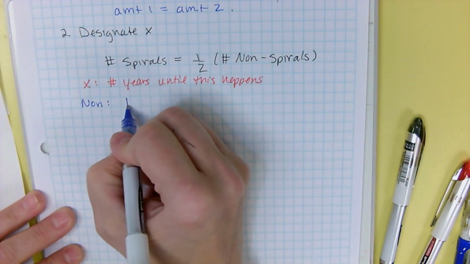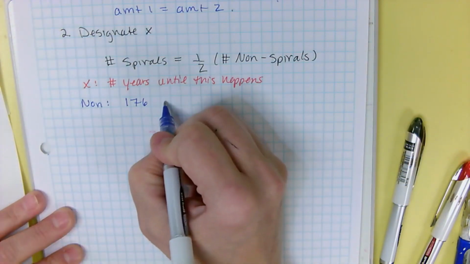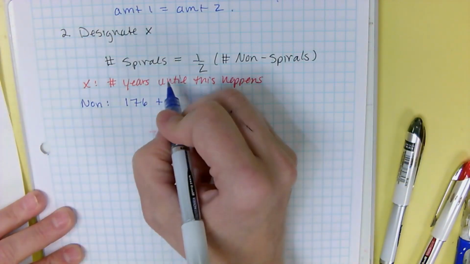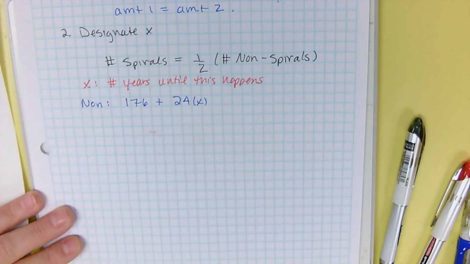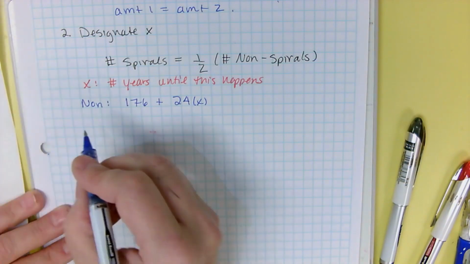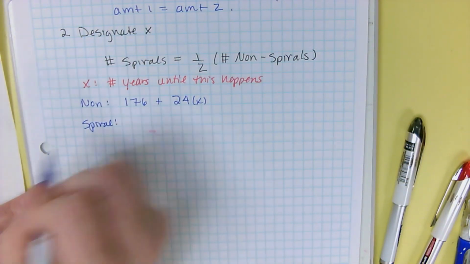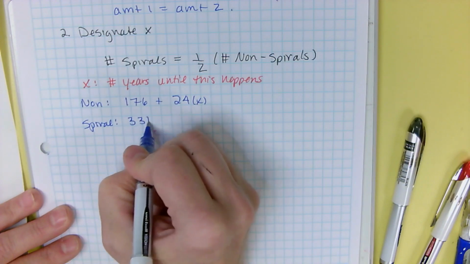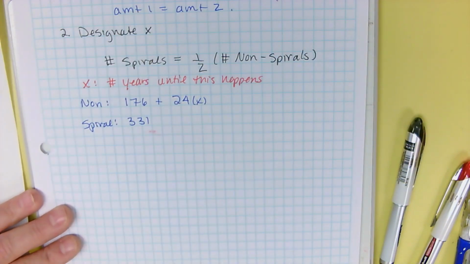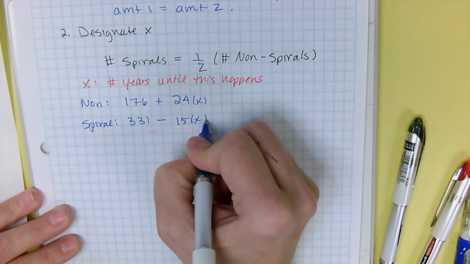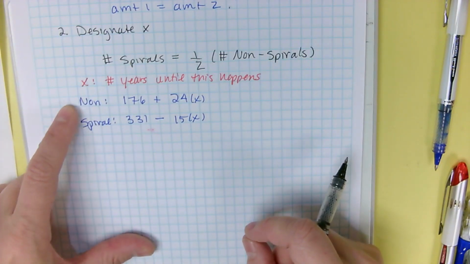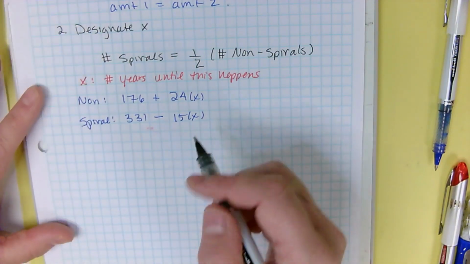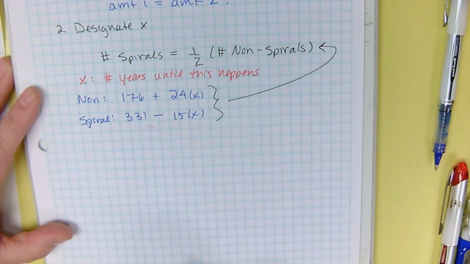176 students bought non-spirals, and it's been increasing, so plus, it's been going up at a rate of 24 per year. So times X number of years, 24 per year. The spiral notebooks, this year, 331 students bought it, but those numbers have been decreasing, so we subtract at about 15 per year, so 15 times X. So now that you have an expression for non-spirals versus spirals, put it into your big picture.